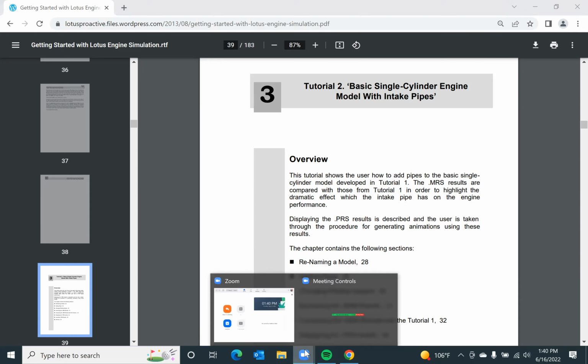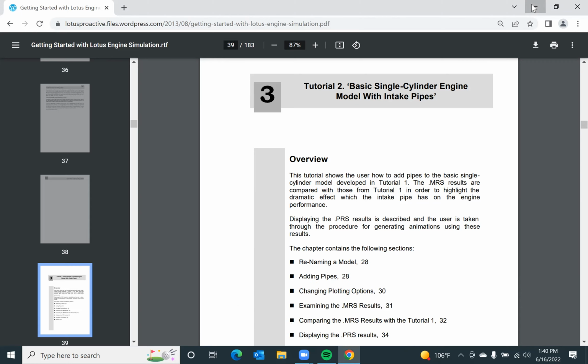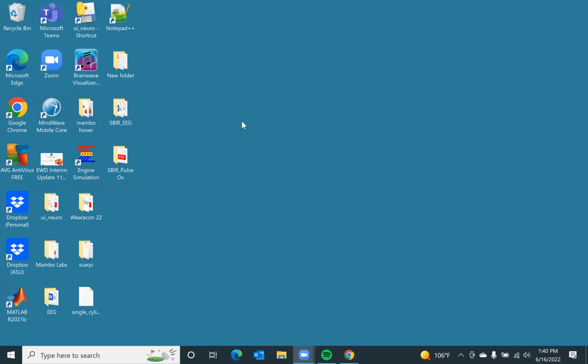Now what I'm going to do is, and if you are with me, I would strongly recommend that you do this exercise with me. I have already installed the Lotus engine simulation software. Online students, can you see my screen?